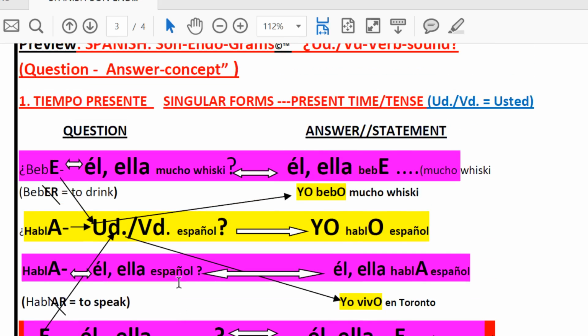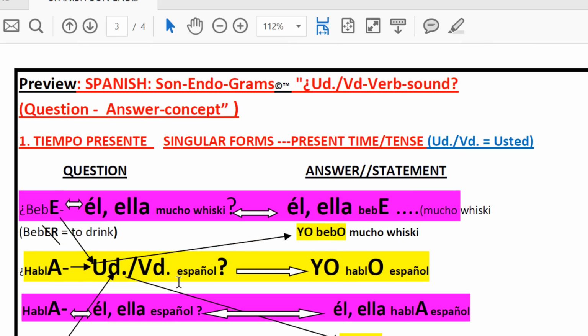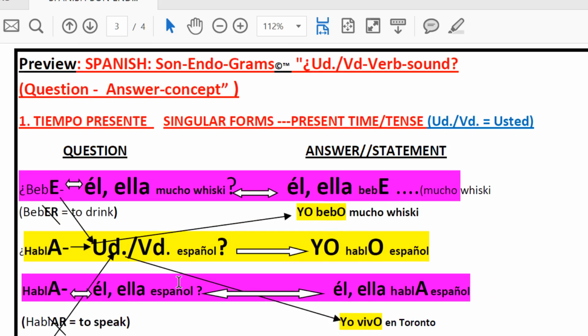Now let us have a look at this diagram. You see the yellow bar here, that is central. Take the representative verb hablar, which represents about 90% of the verb sounds in the Spanish language.